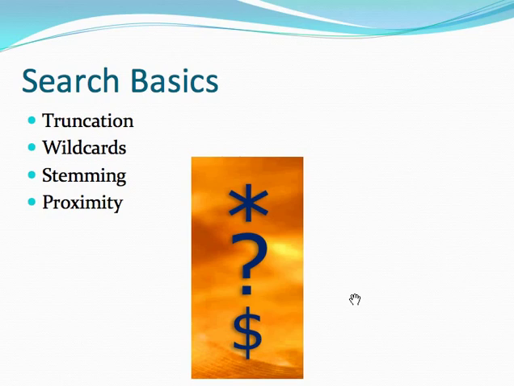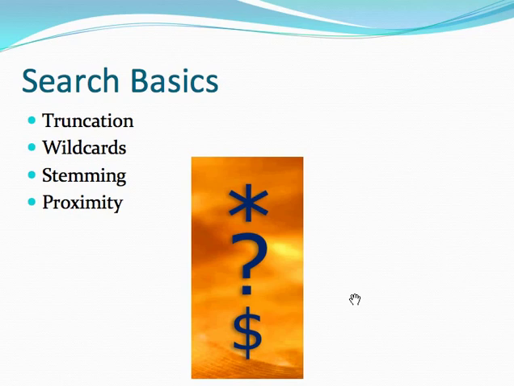So the idea here is that you read the instructions of each database and become familiar with what the symbols for truncation or wildcards are, because they are very important. Especially in truncations, you may only use the root of the word and then put the truncation symbol, and you will retrieve every document that has that root.